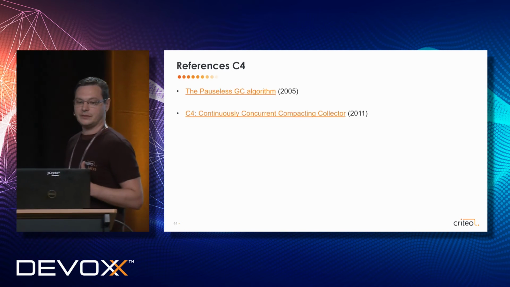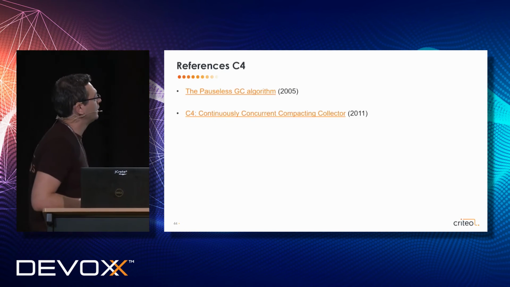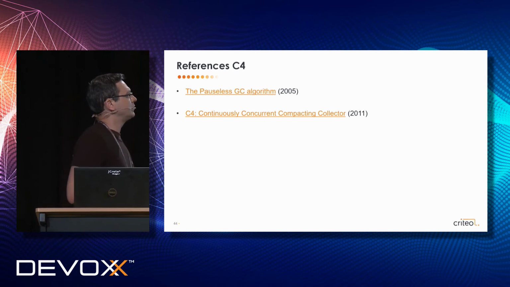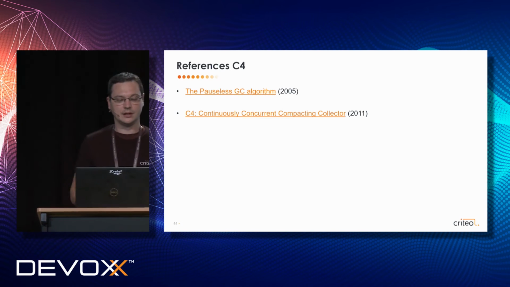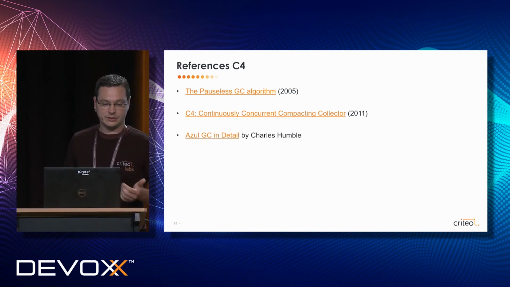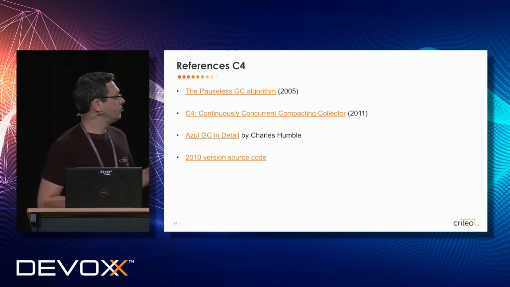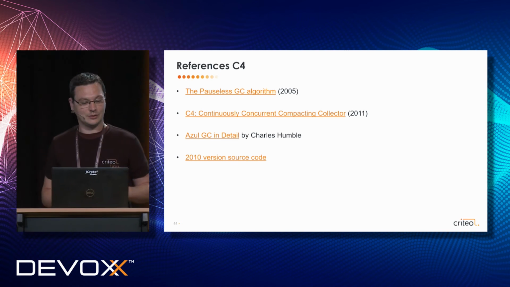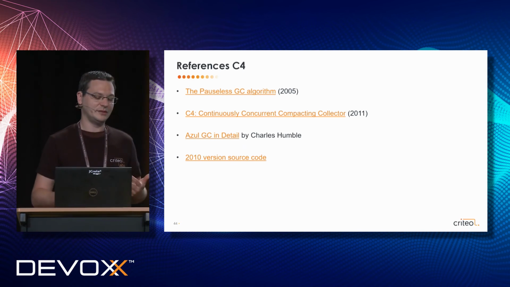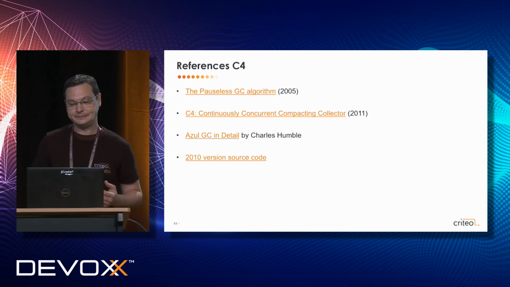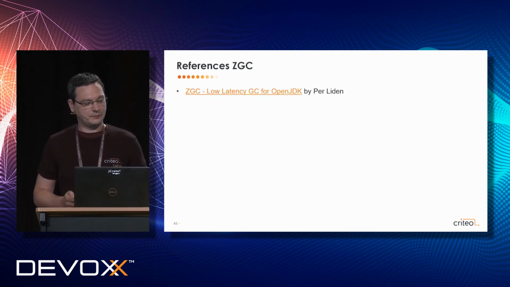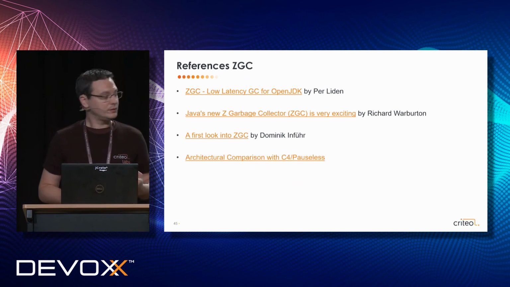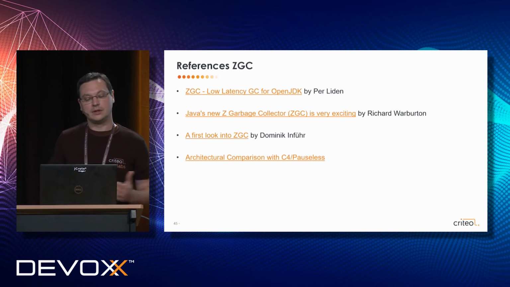For C4, you have the papers published about the Pauseless GC algorithm from 2005, the C4 implementation for x86 since 2011, some articles about this version, and the 2010 source code version of Azul. It's a little bit old now, but for the basics of the algorithm you can dig into it. And for ZGC, some articles and presentations also, and a discussion about the difference between C4 and ZGC.